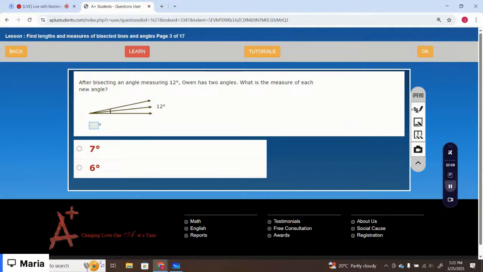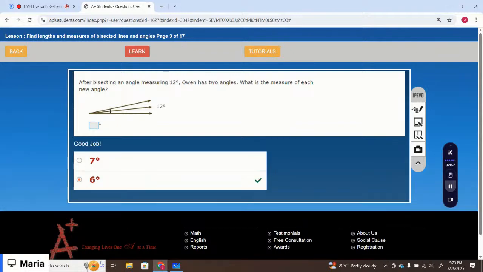So which is the correct option? That is 6 degrees.